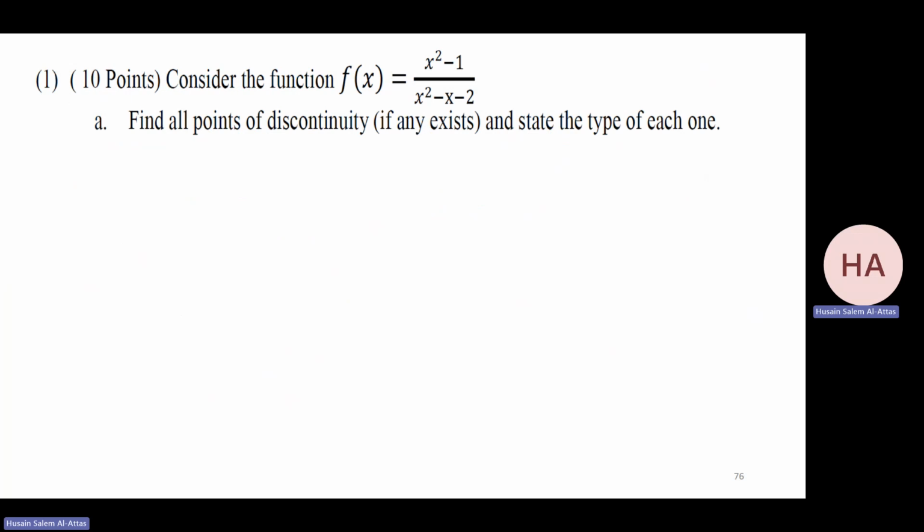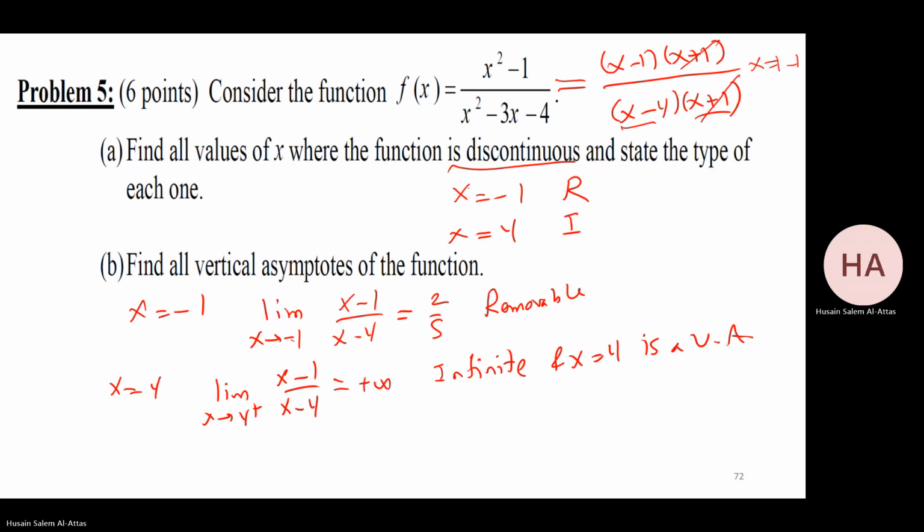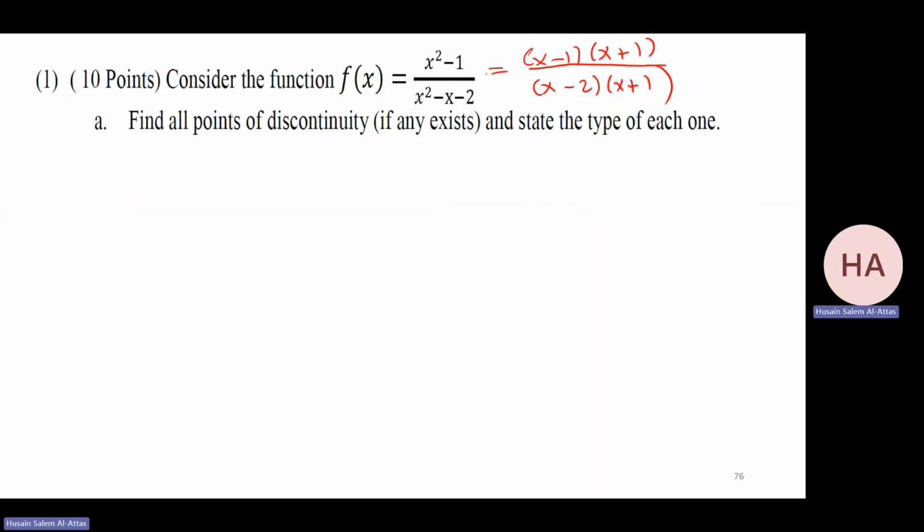Consider the function, find the discontinuity, simplify it. I think now we are used to it. X minus 2 over x plus 1. I think it's the same question. No, not the same. Okay. State the type, very clear. You have x equal minus 1 and x equal 2. Here you have removable, here you have infinite, very clear.